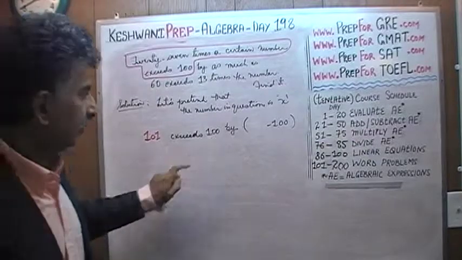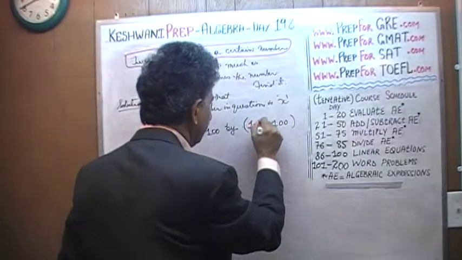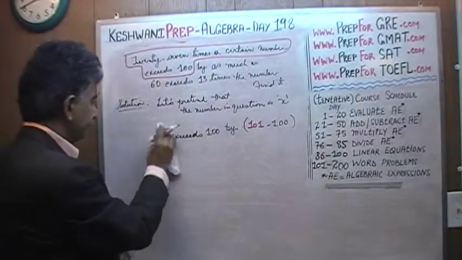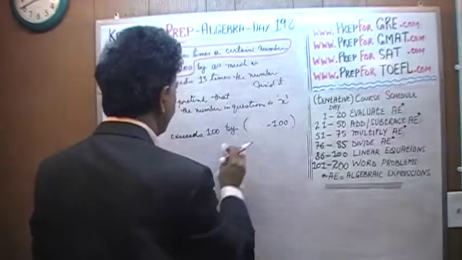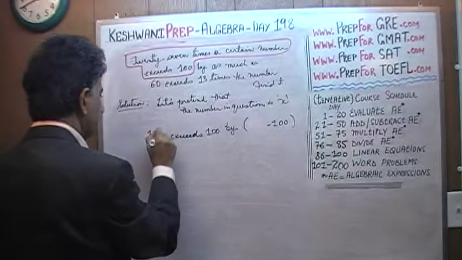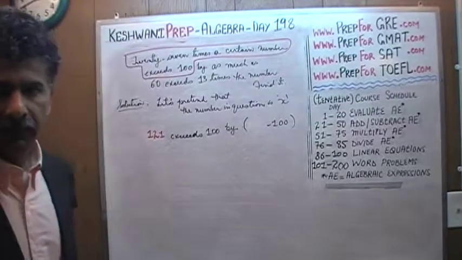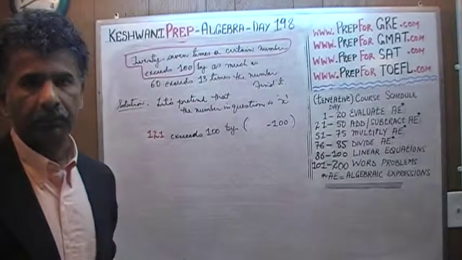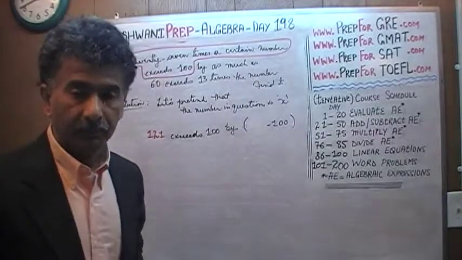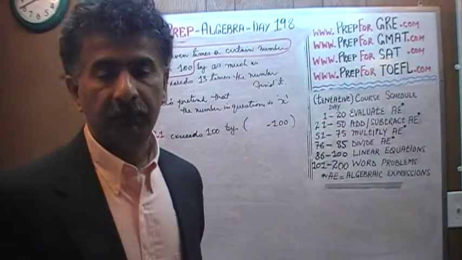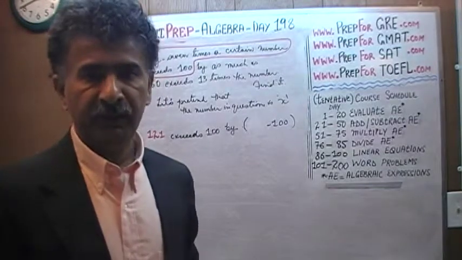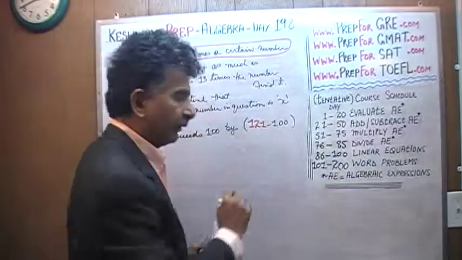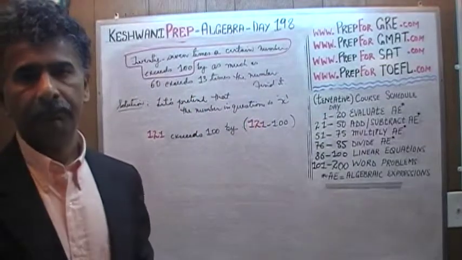And how do we find it? 101 minus 100. 121 exceeds 100 by how much? 121 is 21 more than 100. 121 exceeds 100 by 21. Again, how do we find it? We took this 121 and subtracted from it 100.